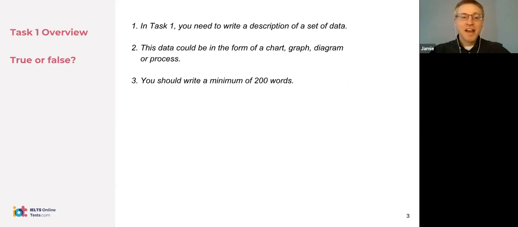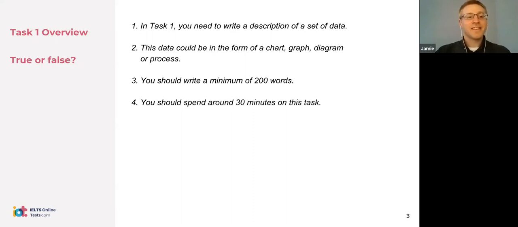And Jehan as well. Number 4. You should spend around 30 minutes on writing task 1. True or false? Okay. Excellent. If you think it's false, can you try to provide the correct answer?